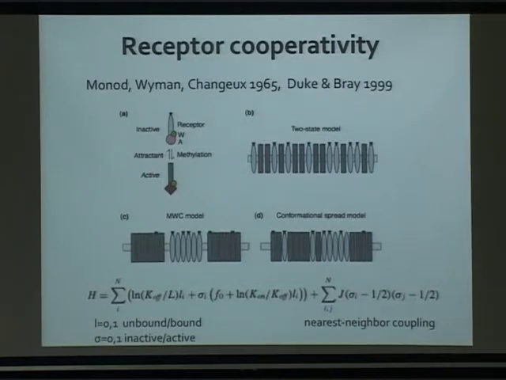And this cluster of receptors, or this protein, may have no ligand bound, or it may have one ligand bound, or it may have all possible binding sites occupied by the ligands.